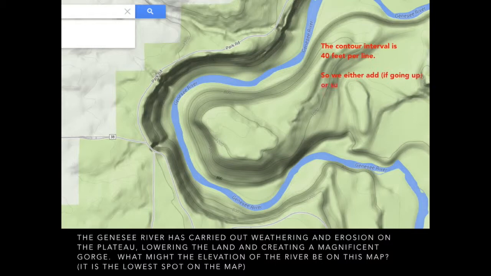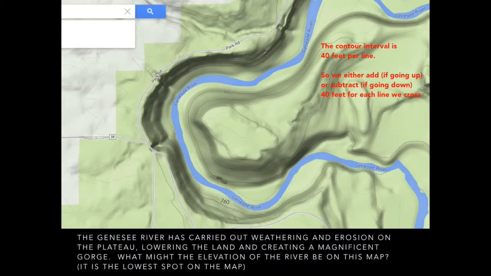The contour interval is 40 feet per line, so we're going to be adding 40 feet if we're going up, or subtracting 40 feet if we're going down for each line we cross. And we're going to be going down right now. So on the bottom of your map there, towards the center, you can see an 800-foot contour line on both sides of the river.